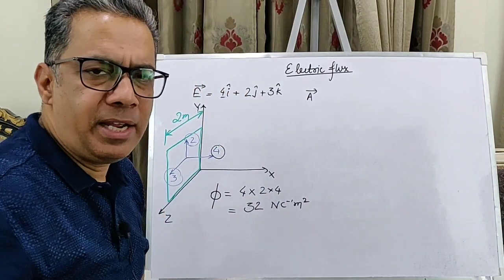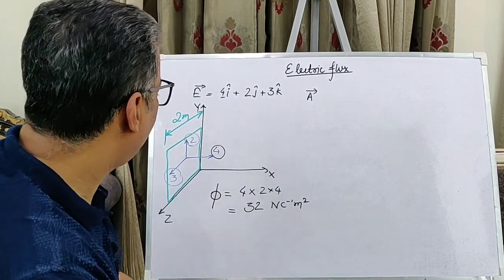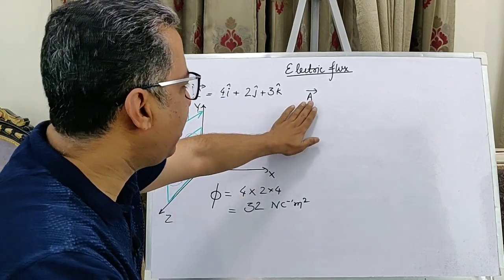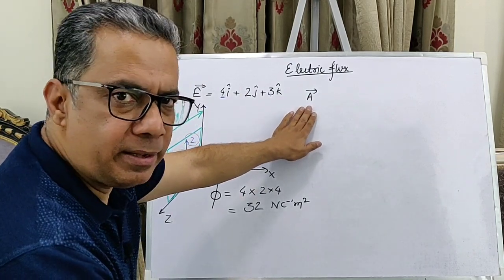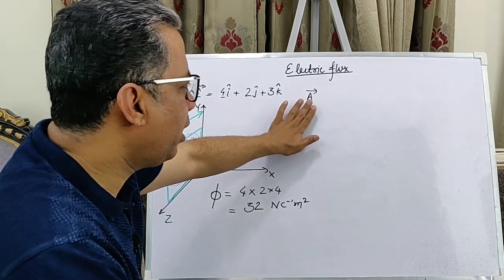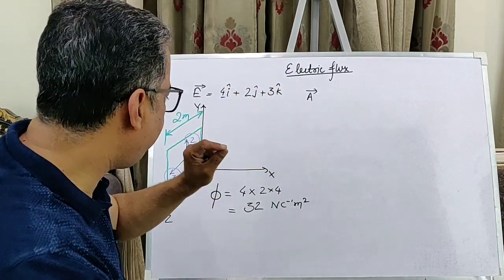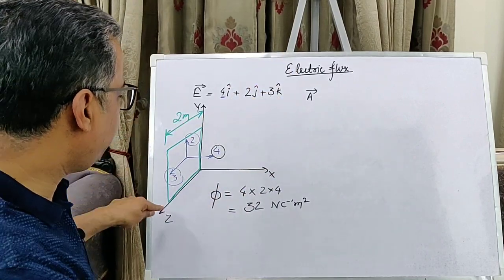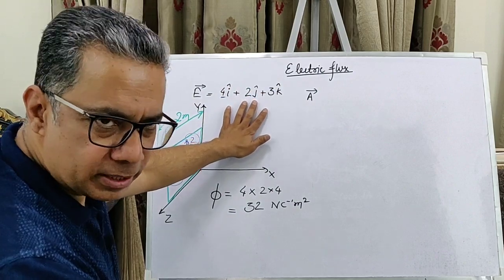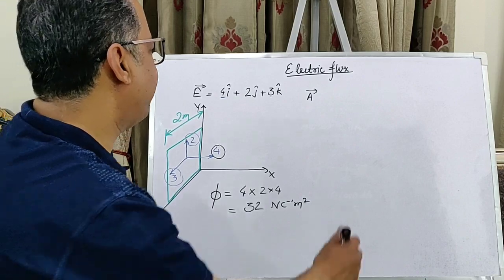Normally we assign area vectors to tiny area elements dA, but when you have a large plane area, we can assign an area vector to the entire area. But this can only be done under certain circumstances. As I mentioned, the area should be a plane area and the electric field should be constant. In that kind of a case, we can have a single area vector here.